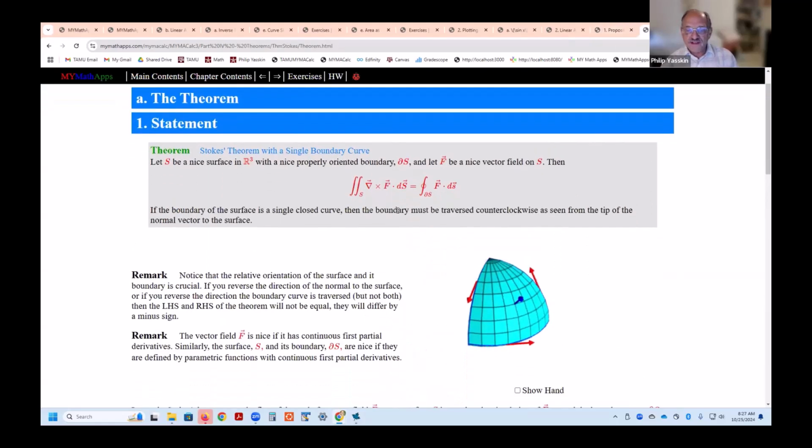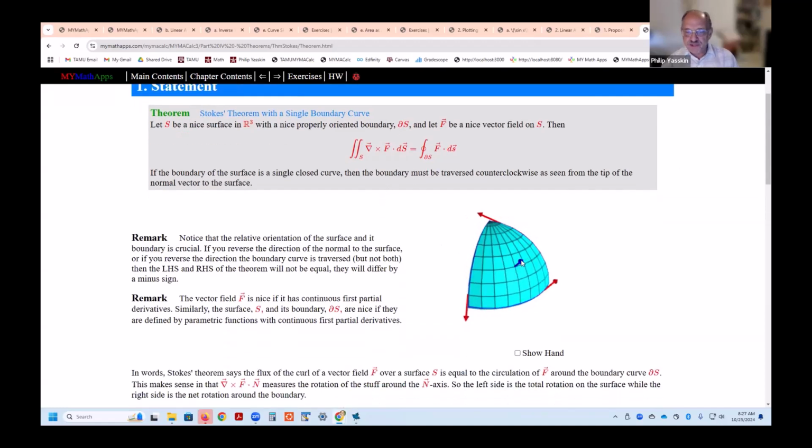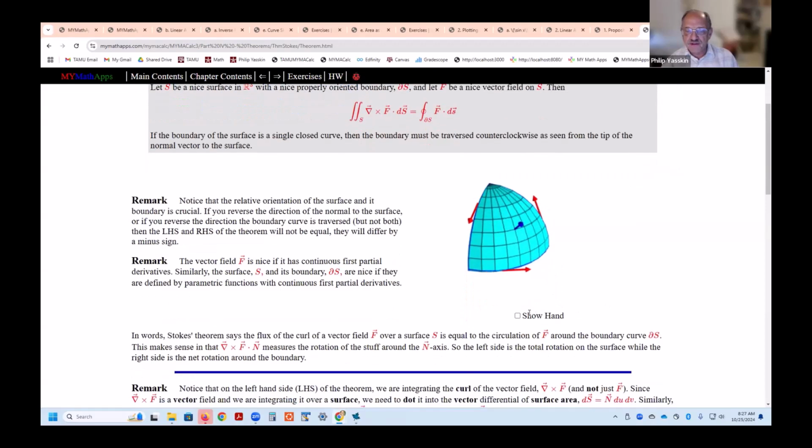Stokes' theorem, what is hard is understanding the relationship between the normal and how you go around the boundary. And this actually has a hand which can show you going around the boundary. The hand is not made with Maple. It's superimposed on the Maple graph.